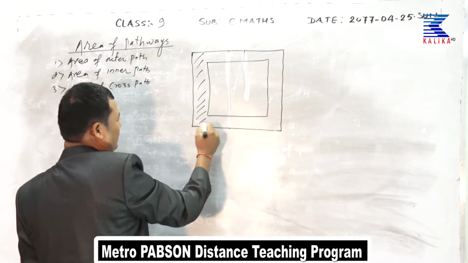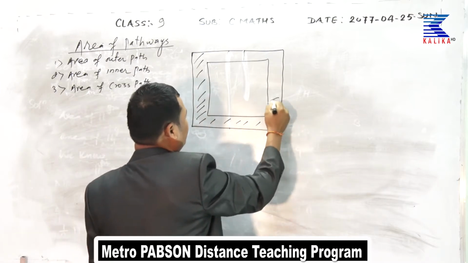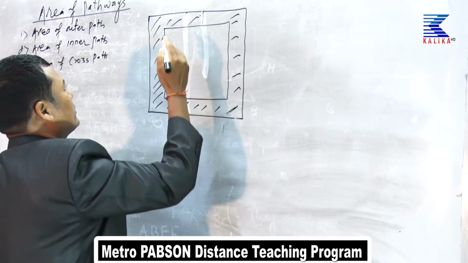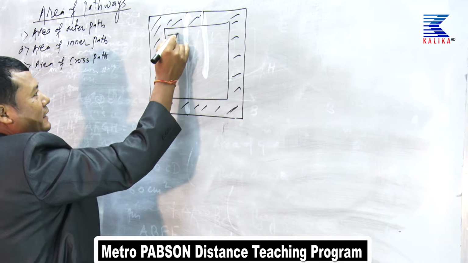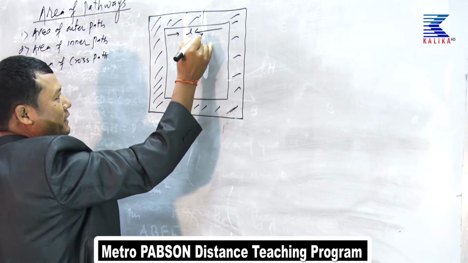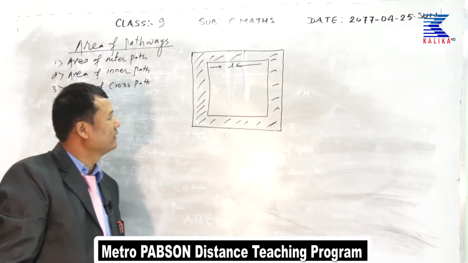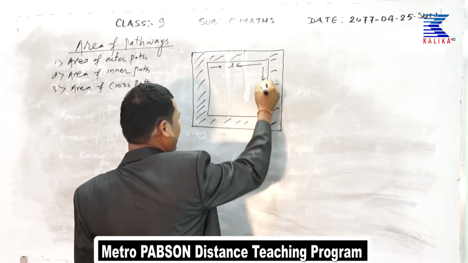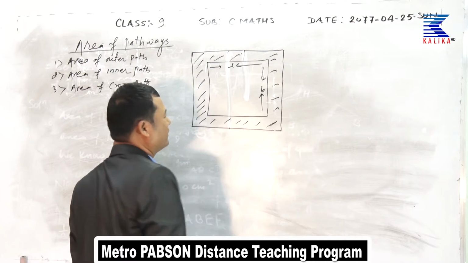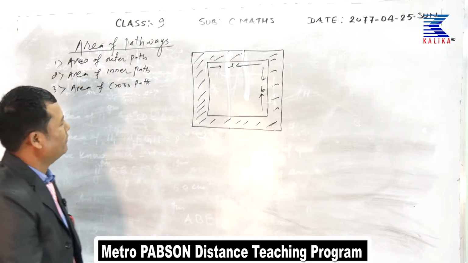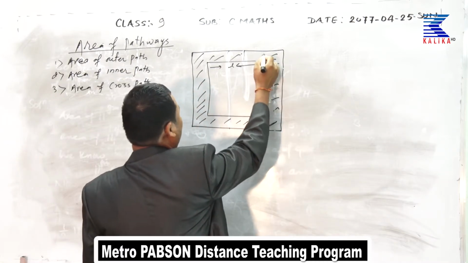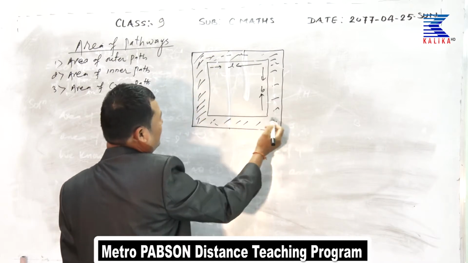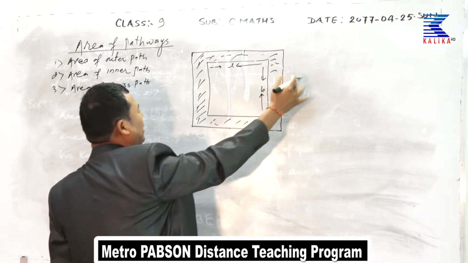Suppose the length of the ground is denoted by L, and the breadth is denoted by B, and this is the outer path.